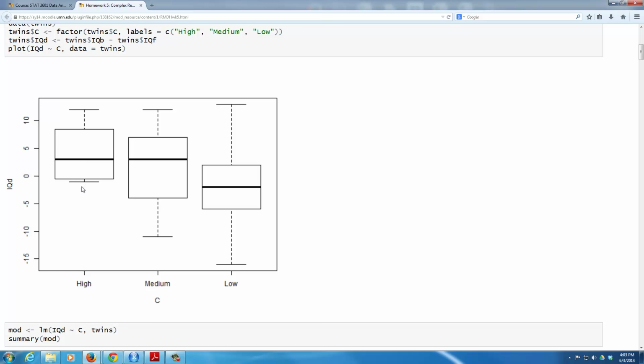The first box plot is for children born to parents who are in higher social status. A 0 would mean that the child raised by the biological parents had the same IQ as the foster raised twin. You'll notice that for the high class social status parents, the box plot is shifted to mostly positive values for this IQ difference.